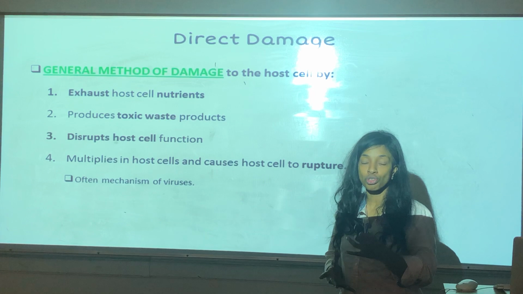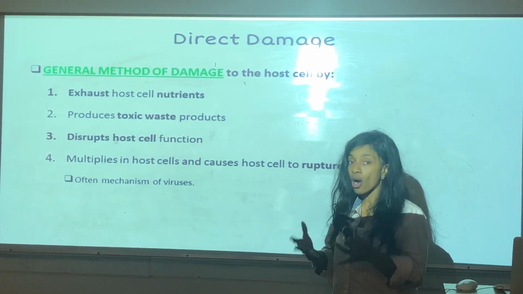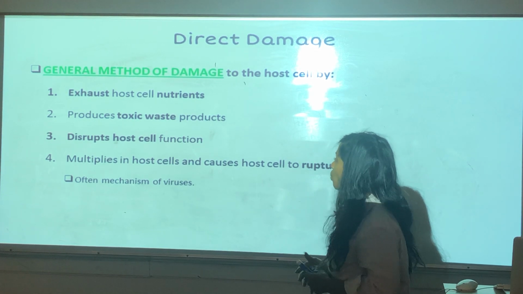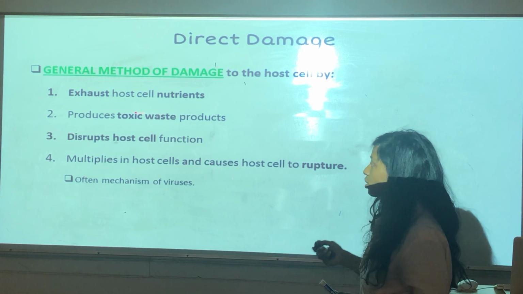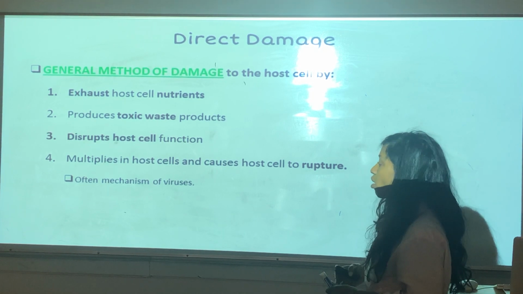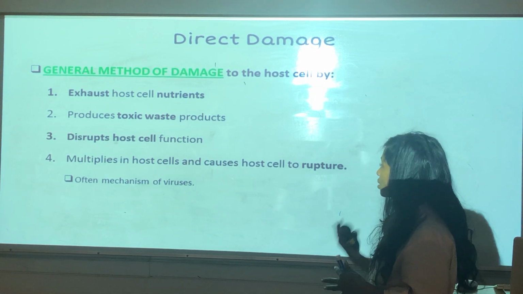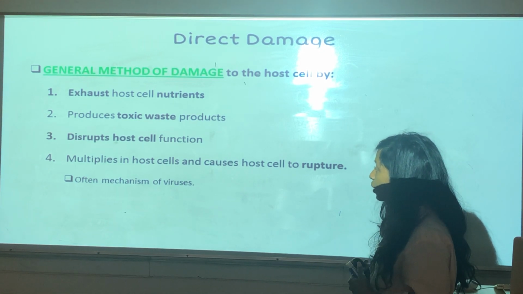Taking up all their nutrients, exhausting their resources. The foreign invader is going to cause a lot of damage. So these I divided into 4 ways. They can take up all of the host nutrients, exhaust the nutrients in that area, any, let's say, water, nutrients, electrolytes in that area, they're taking it all up for themselves. So that leaves the host cell weak.